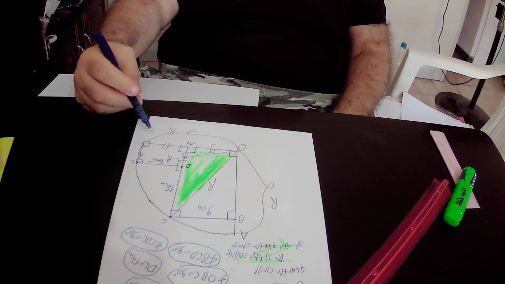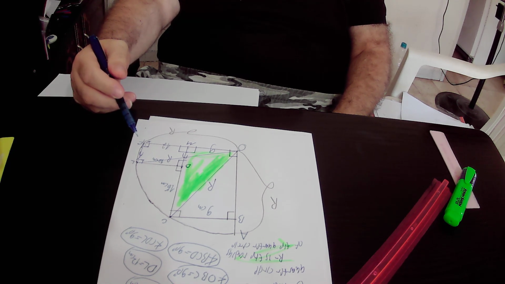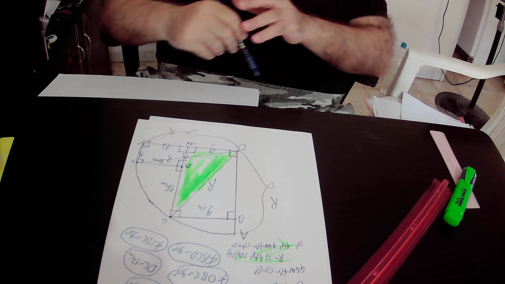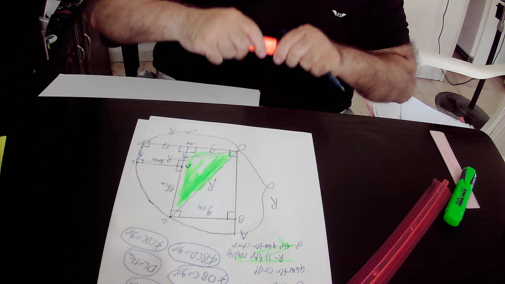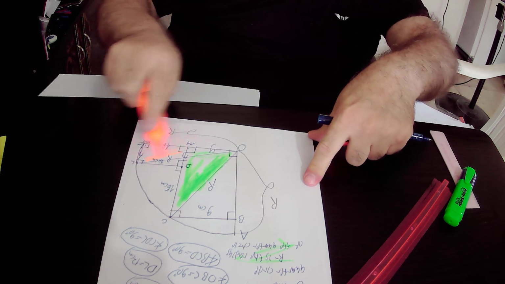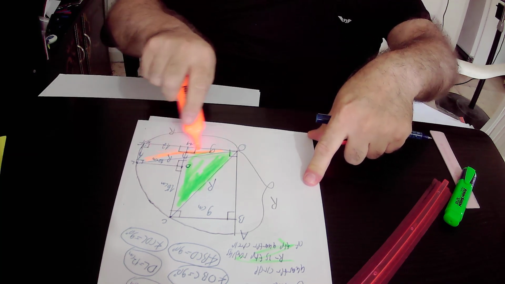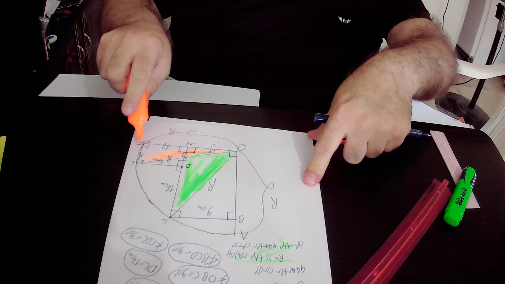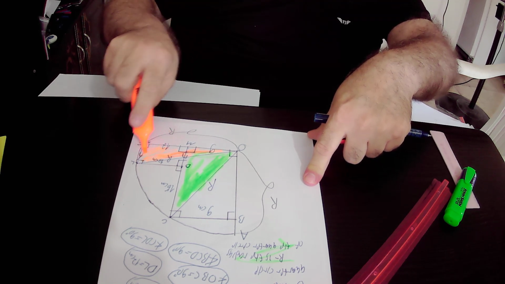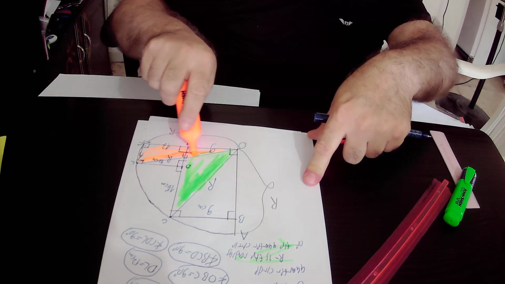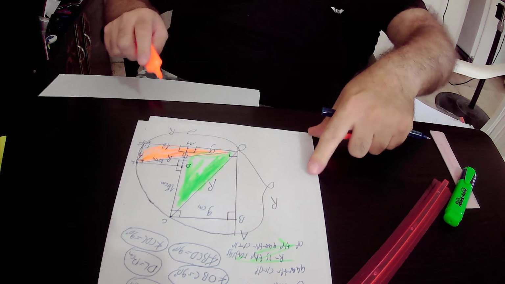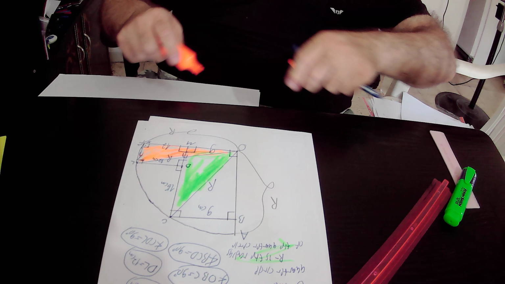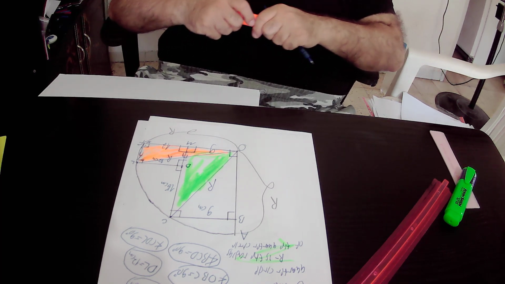Therefore, triangle OLF is a right triangle because it has one angle equal to 90 degrees. So we will apply the Pythagoras theorem on the orange right triangle, triangle OLF.